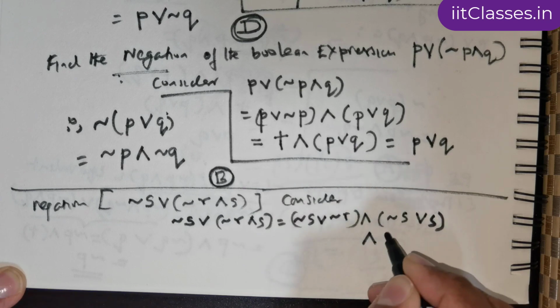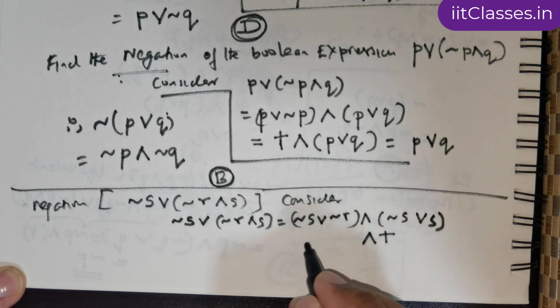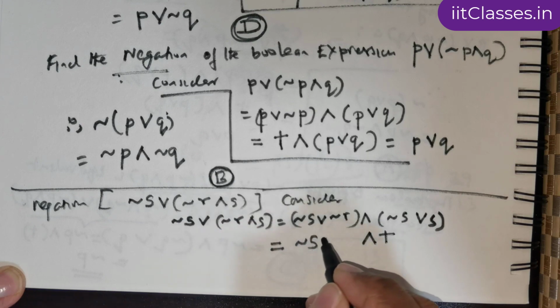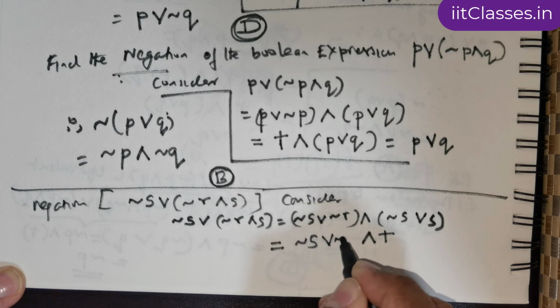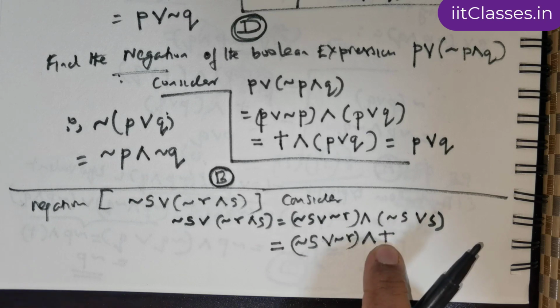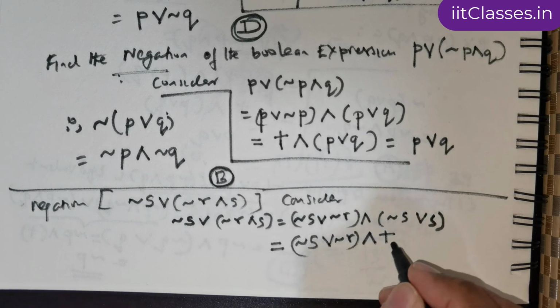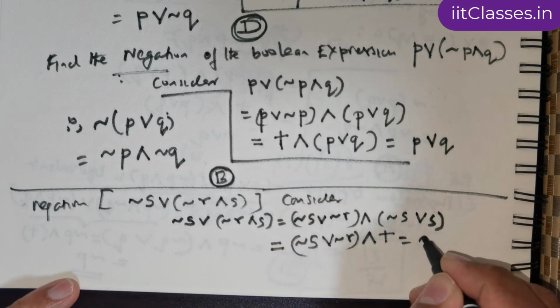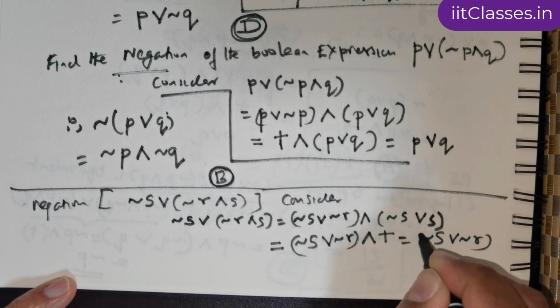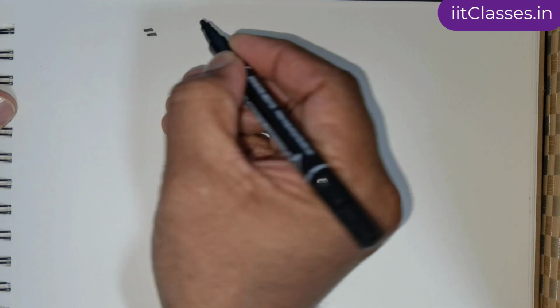So you have an intersection with the tautology, which is going to give us negation of S, disjunction negation of R. Now intersection with the tautology would give us the set back. And so this is the outcome we have got.